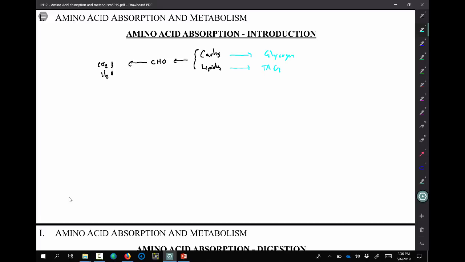Now, when you get to proteins, there are some notable differences. First of all, there's no storage. Every protein that is made in our bodies is made with a particular function. So when we have to harvest amino acids from the body for energy needs, it's harvesting protein that's functional.